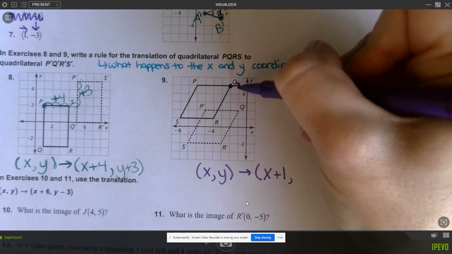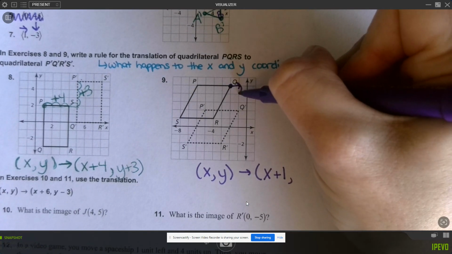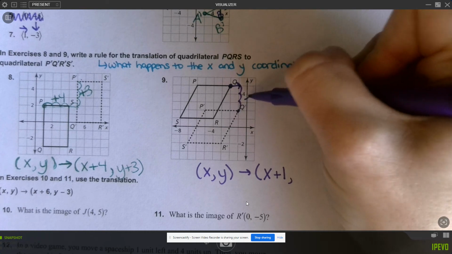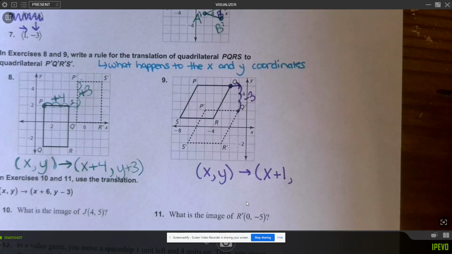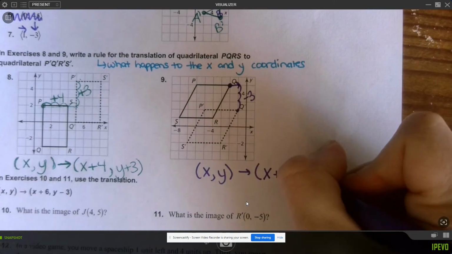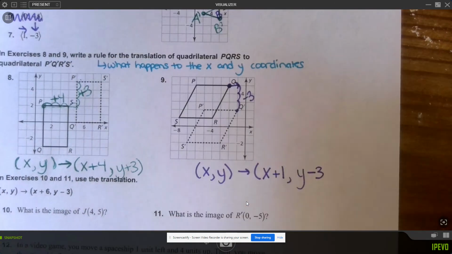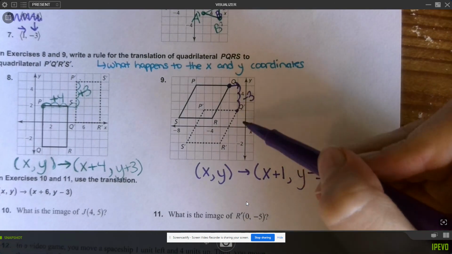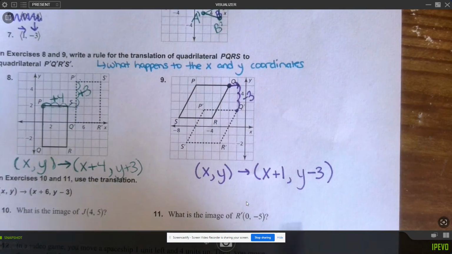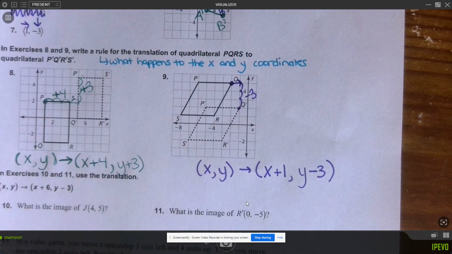Then my vertical component, I move 1, 2, 3 units down. And so what's happening is I'm taking my original y coordinate and I'm subtracting 3 from it because we moved down 3. So this is the rule for my translation. That is how my x and y coordinates got changed to become the new ones.